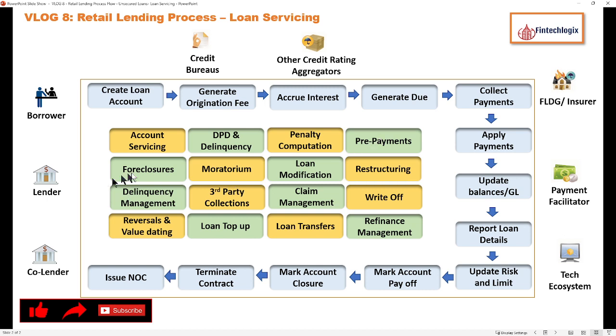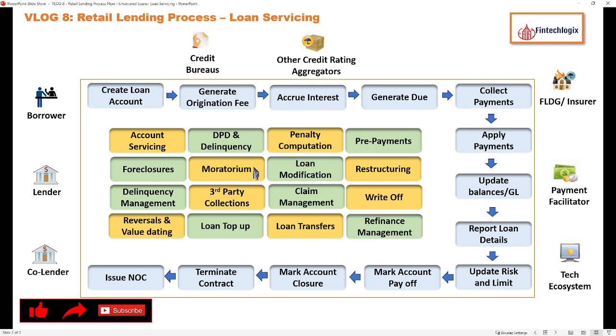Now, prepayment and foreclosure are very closely related. Prepayment is normally referred to as part prepayment, where the entire loan principal is not paid, only a part is paid. Foreclosure is normally when the entire outstanding loan amount is paid and the loan goes to closure status, or the loan is paid off.